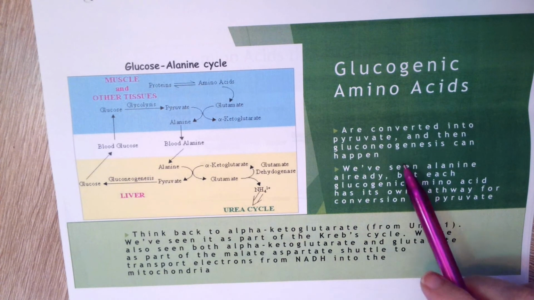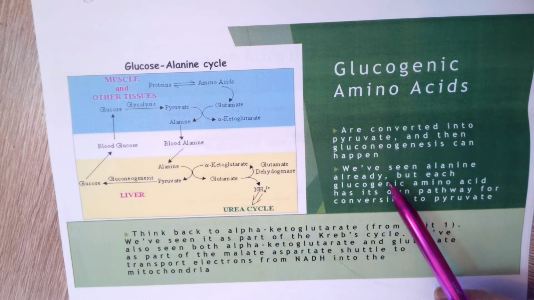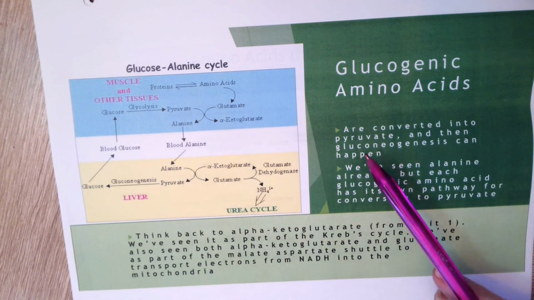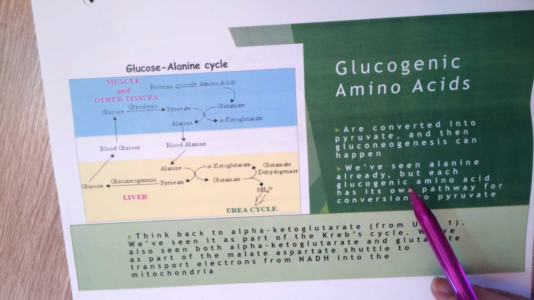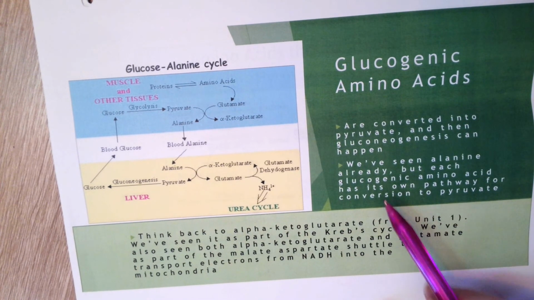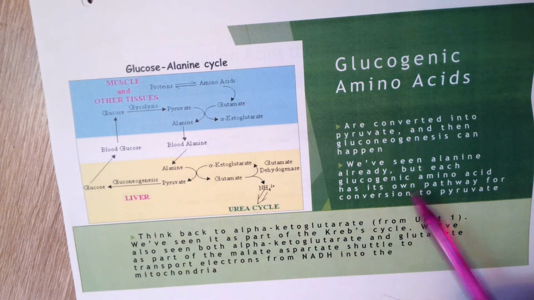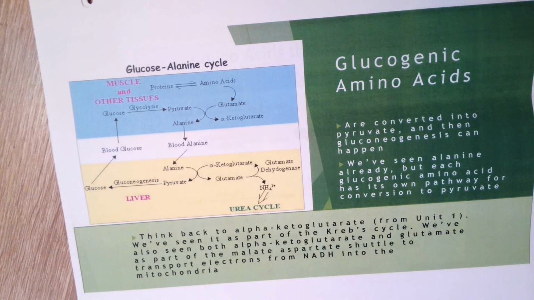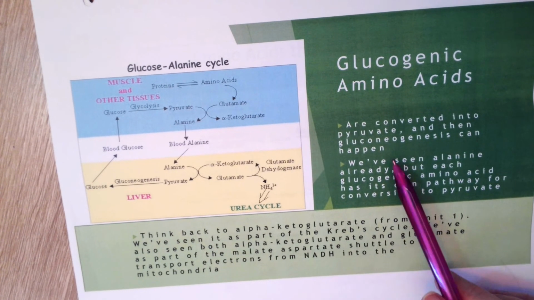Then gluconeogenesis is very easy to do from pyruvate, so we know how to do that. We've talked already about alanine and how we can get glucose out of that from the skeletal muscles and into the liver. But each specific glucogenic amino acid is going to have a different way that it gets turned into pyruvate. But once it's pyruvate, then it's all the same.